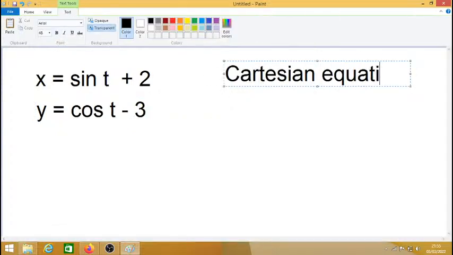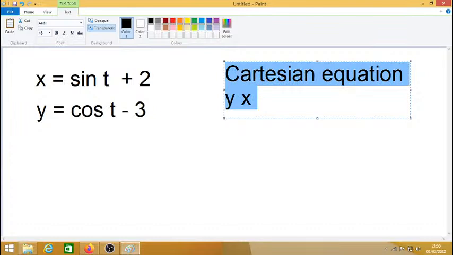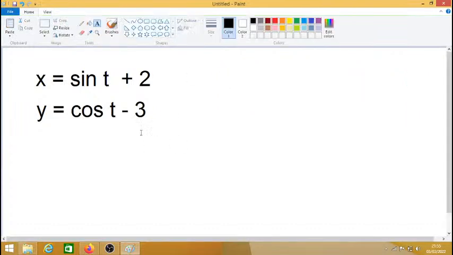So the Cartesian equation is where you have just y and just x in the equation, no other letter or variable. So when you're looking at this, you're thinking, well, how am I going to get rid of t? The t is fixed within the sine and the cos. It's not very easy to get rid of here. In the previous examples, we could rearrange it, but you can't really rearrange it here and get rid of the t very easily.